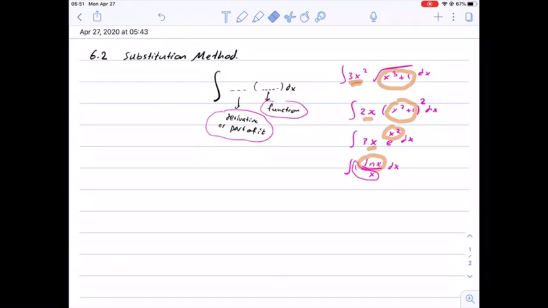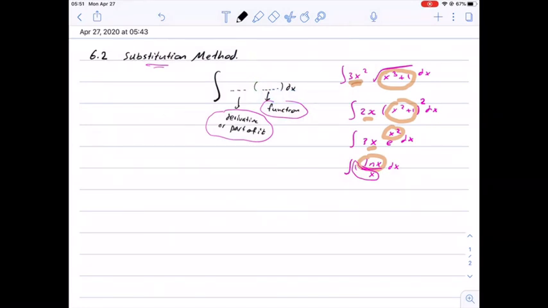Now, keeping this in mind, we can apply the method on a wide range of problems. The idea here is that we use substitution. It's called the substitution method.